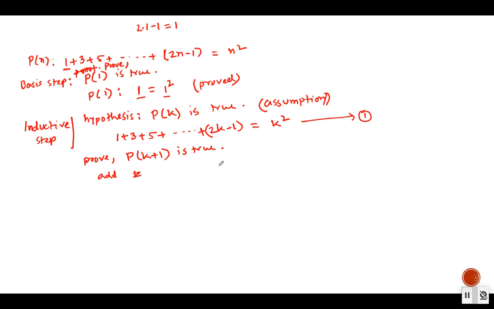That's one thing we have to find out. Pk is saying the first k odd integers. Now P(k+1) is going to say the first k+1 odd integers. And for the first k+1 odd integers, what is going to be our last integer value?